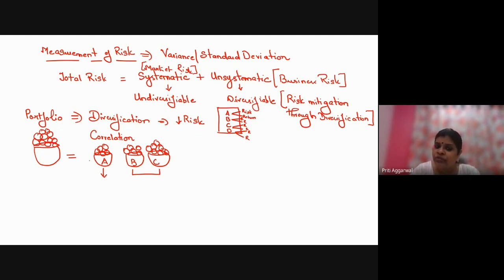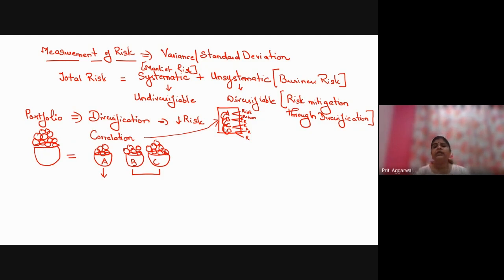And for diversification, I need to understand the type of correlation that prevails between securities, right? So let's say if I have 4 securities, I need to understand what is the correlation between A and B, B and C, C and D, A and C, and B and D, or there can be multiple ways in which I can understand the correlation between 2 of the securities in the portfolio.